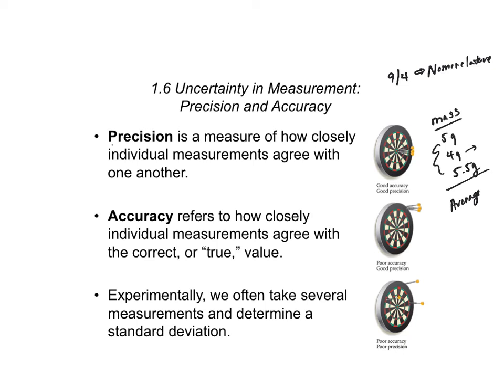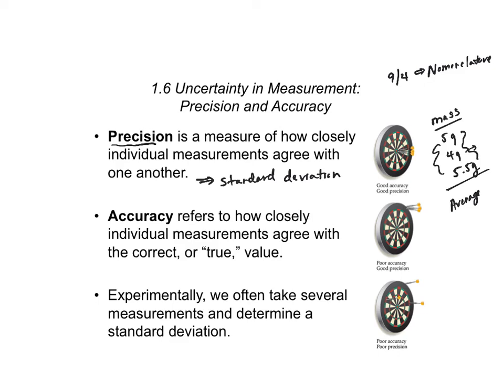So precision is going to reference how close these guys are with respect to one another. The way we will typically measure this, and the way that you will measure this in the lab, is via something called standard deviation. So standard deviation is a measurement of essentially how close your values are with respect to one another.